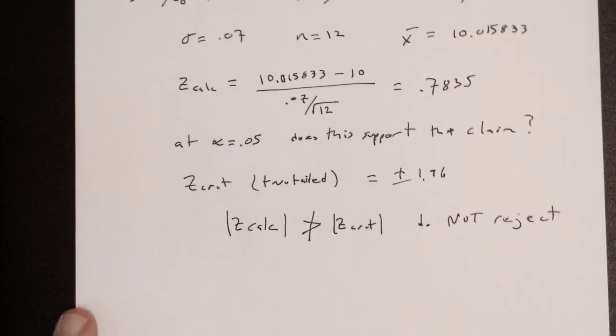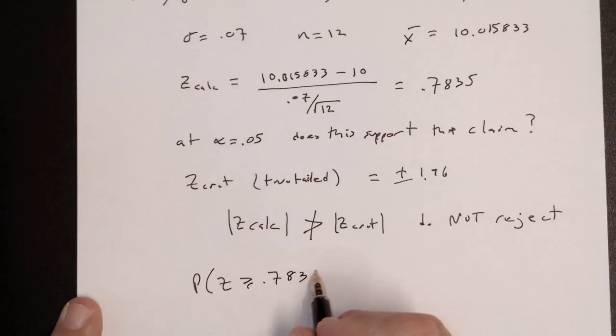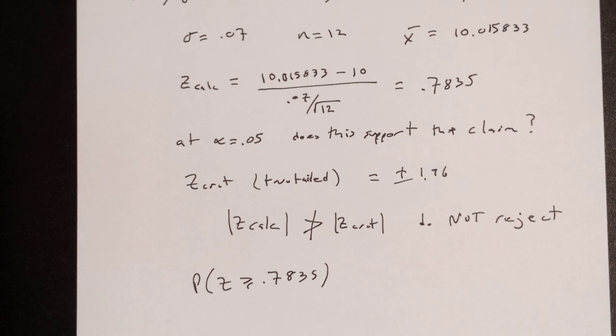If I were to calculate the chance that Z is bigger than or equal to 0.7835, I would get 0.2167. This is a two-tail test.